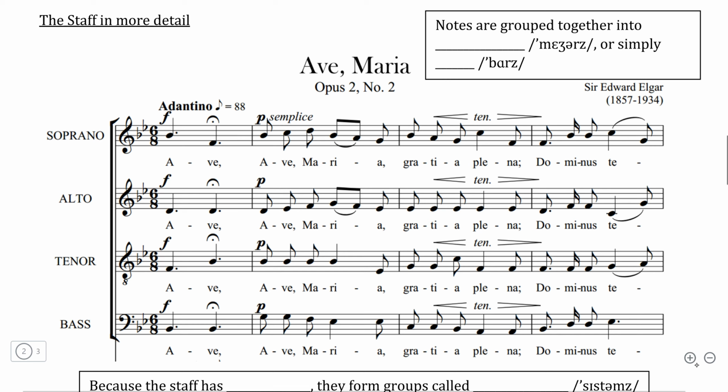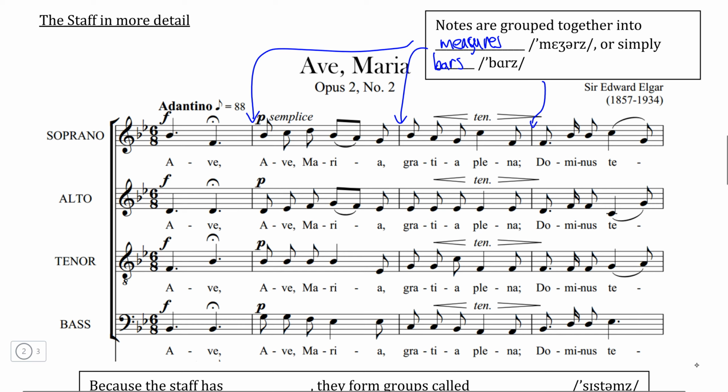So the first thing that we'll need to become aware of before we go line by line of the staff is how all of the notes and rests are grouped together, and you can see that notes are grouped into specific units that we call measures, although most musicians commonly refer to these simply as bars, and you can identify the bars based on dividing lines that we see right on the staff here.